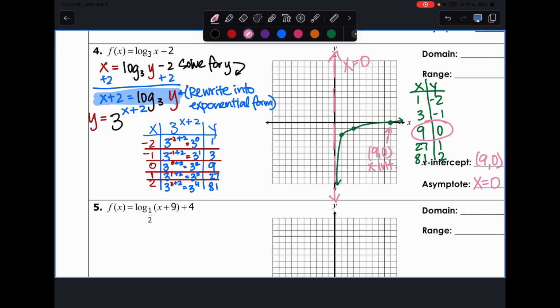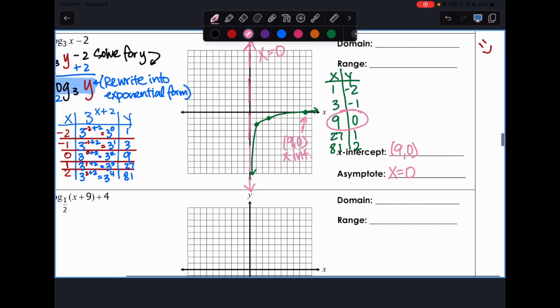What else? Anything else we need to mention? Domain, range. Domain. Zero to positive infinity.